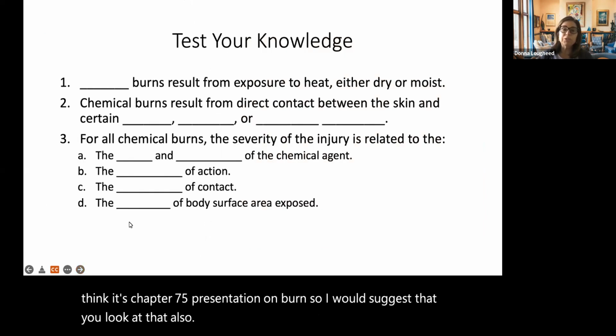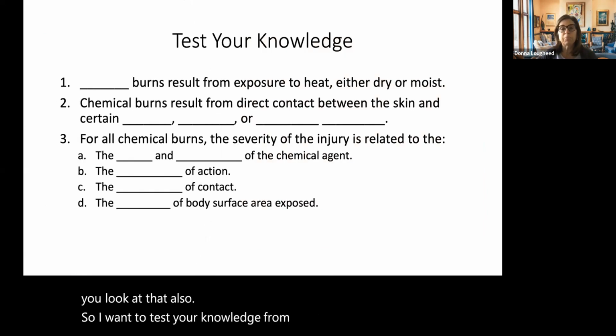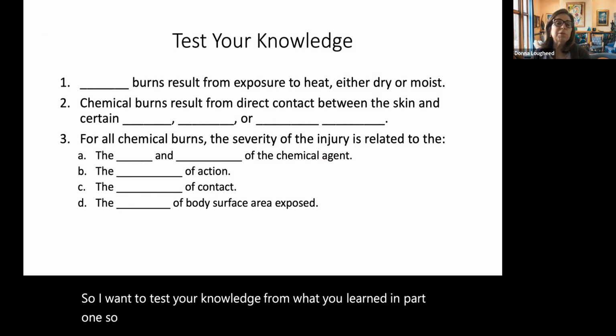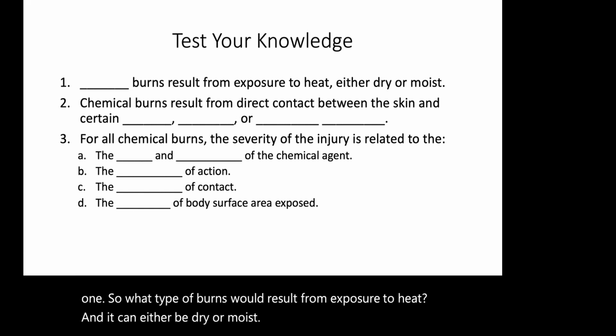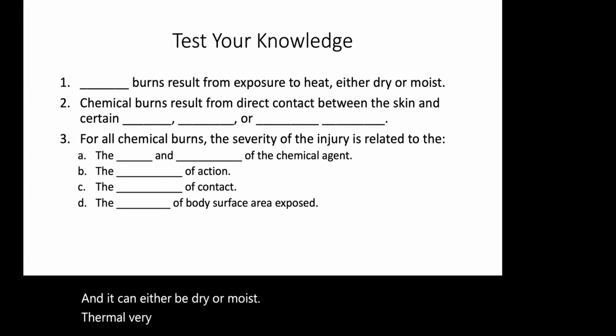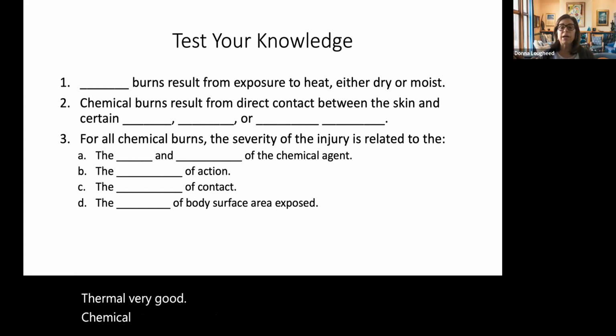I want to test your knowledge from what you learned in part 1. So what type of burns would result from exposure to heat? It can either be dry or moist. Thermal. Very good. Chemical burns result from direct contact between the skin and certain what?